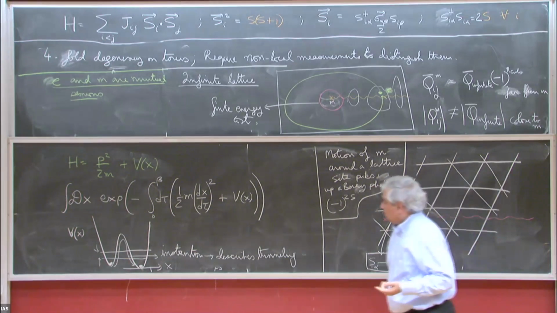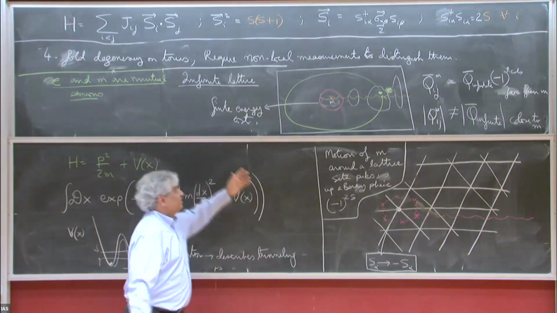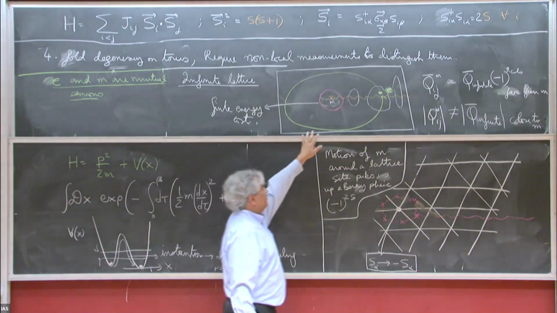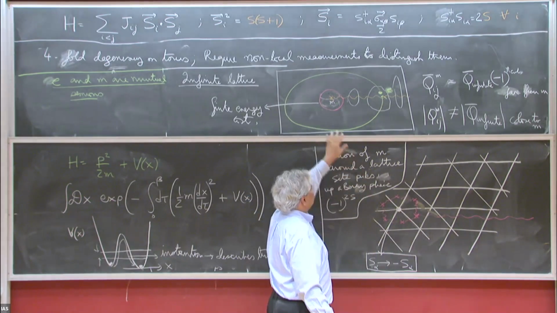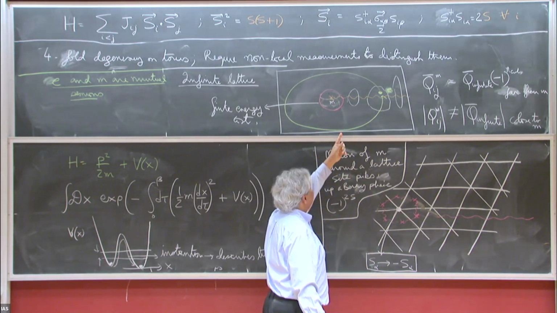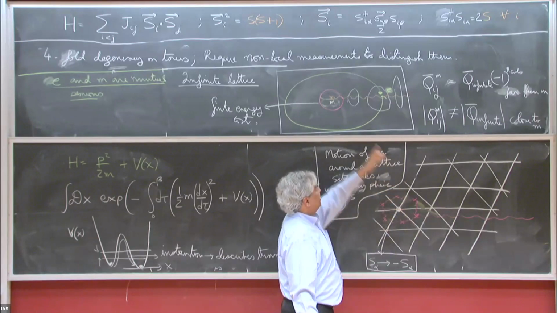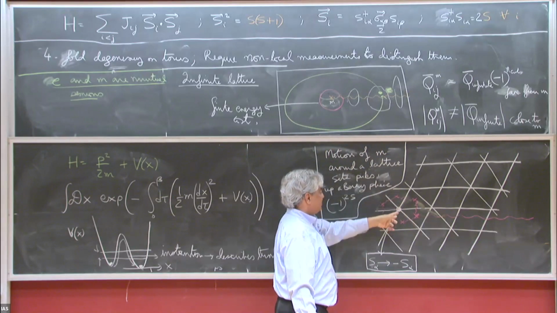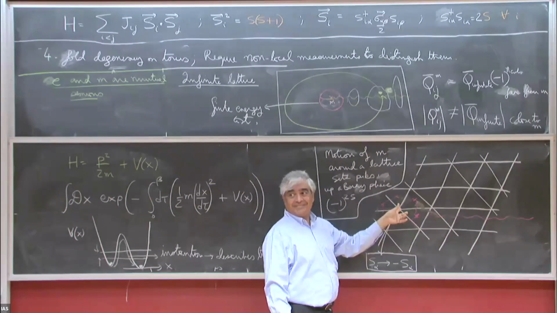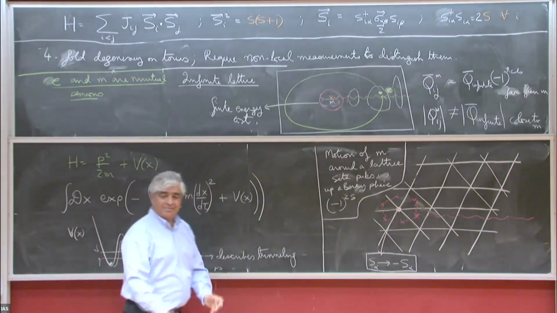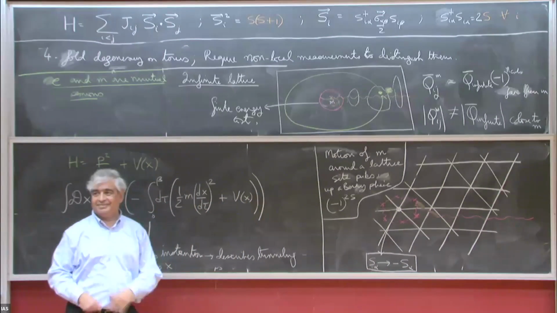I mean, another way to say there is a connection, if you wish, between this and this. Here we took an E particle around M, and here we took M around a lattice site. But the special feature of this antiferromagnet is that each lattice site has an E particle in it. Yeah, that's good. So, but that's a special feature of this model. It's not generally true.